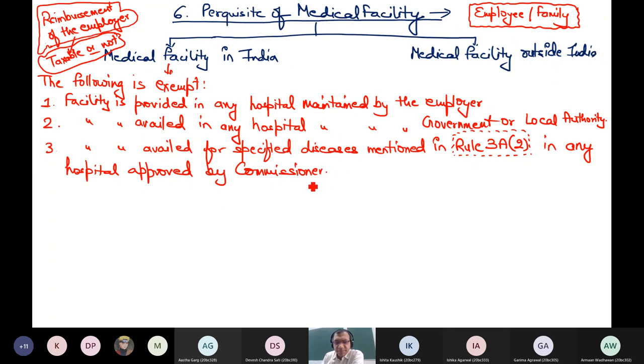Income tax. Now there are some diseases which are mentioned in Rule 3A sub Rule 2.